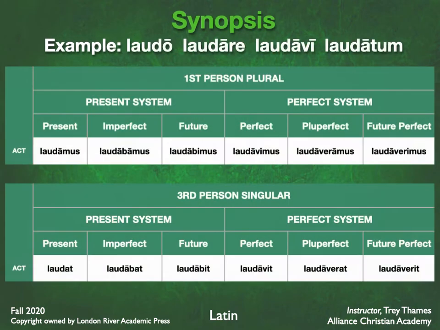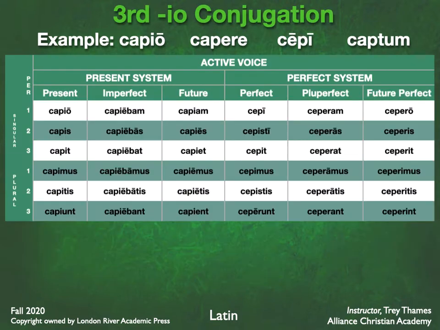We also talked about the idea that on a test specifically, I want to ask you to conjugate a verb in all of these different tenses because there's so many of them, but we may ask you to give a synopsis. And a synopsis means you take one particular part. Let me go back to that last slide here. So for instance, if I said, hey, I want you to do a synopsis of the word capio, and I want you to give me all of its forms in the active voice, second person singular.